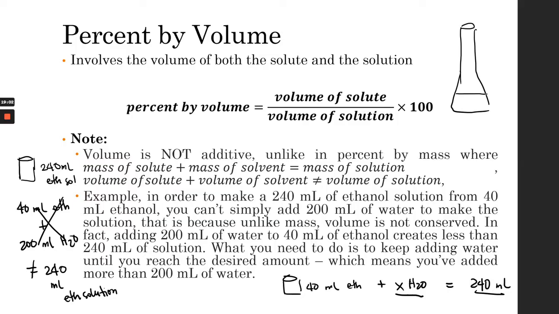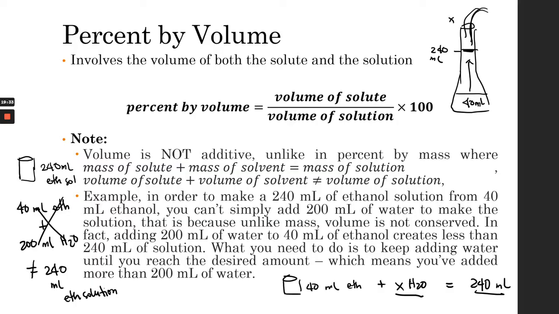You start with 40 ml of ethanol and then just keep adding water until you reach 240 ml. The amount of water doesn't matter. What matters is you reach the 240 ml that you want. I hope everyone understands that. That's just an example, but that's how you prepare a solution by percent volume.